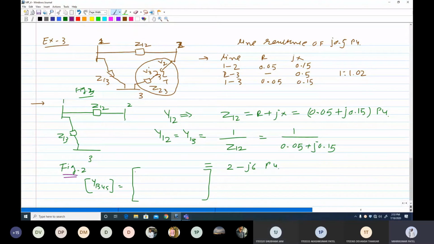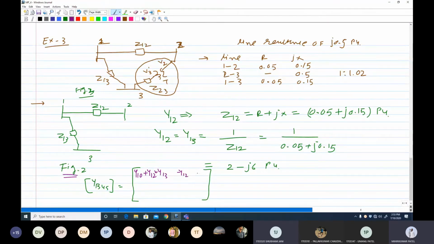Y11, Y12, Y13. No, from figure 2, it is 0. Y10, then 0, Y10 plus Y12 and Y10 plus Y13. Very good. Then next minus Y12.